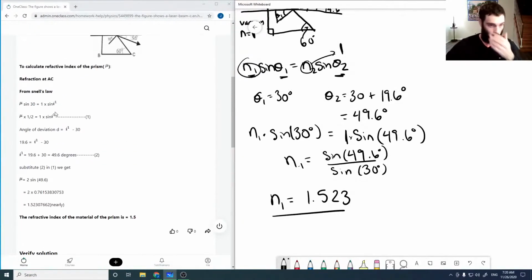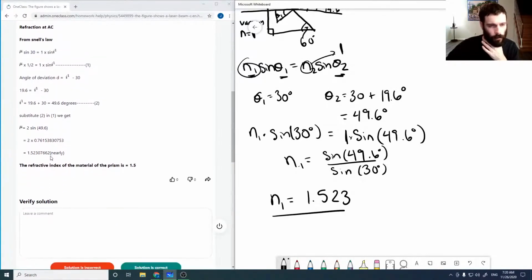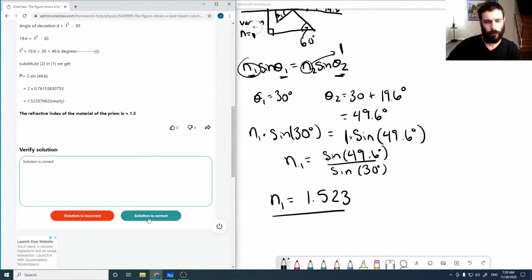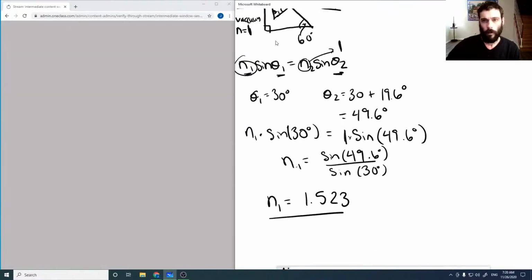And they called sine 1/2 sine of 30 1/2, which is fine. That is what that's equal. And so this is split out a little bit, but still we get 1.523. So it's exactly the same. So solution is correct. All right.